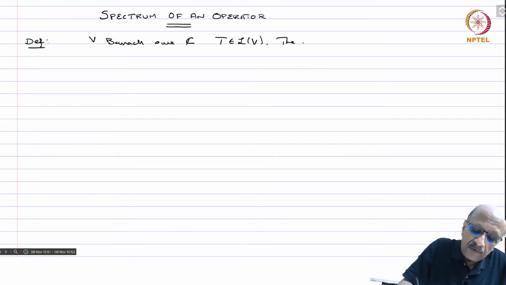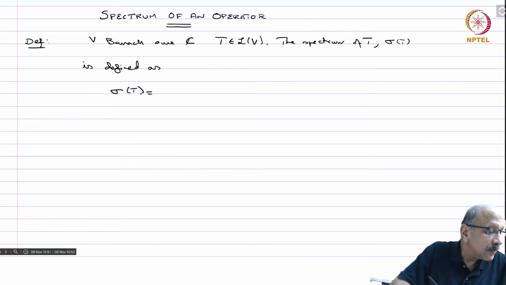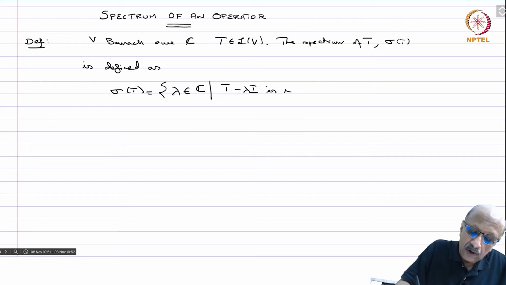The spectrum of T, sigma(T), is defined as the set of all lambda in C such that T minus lambda I is not invertible.